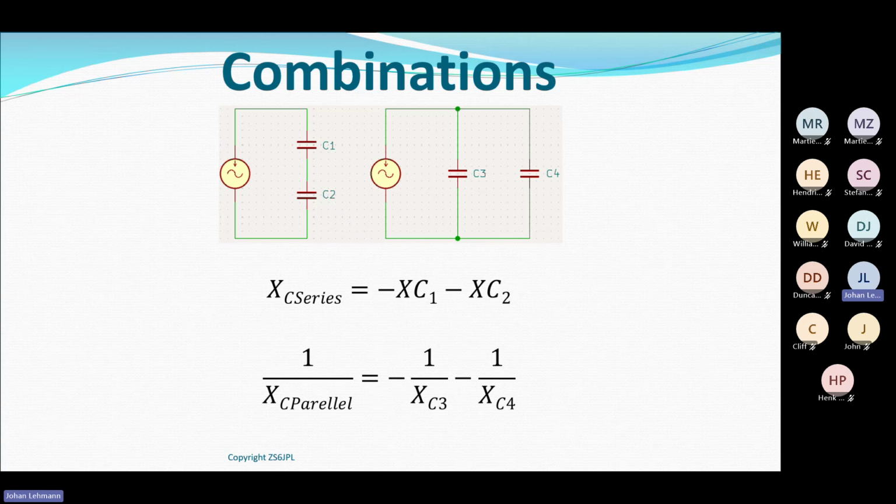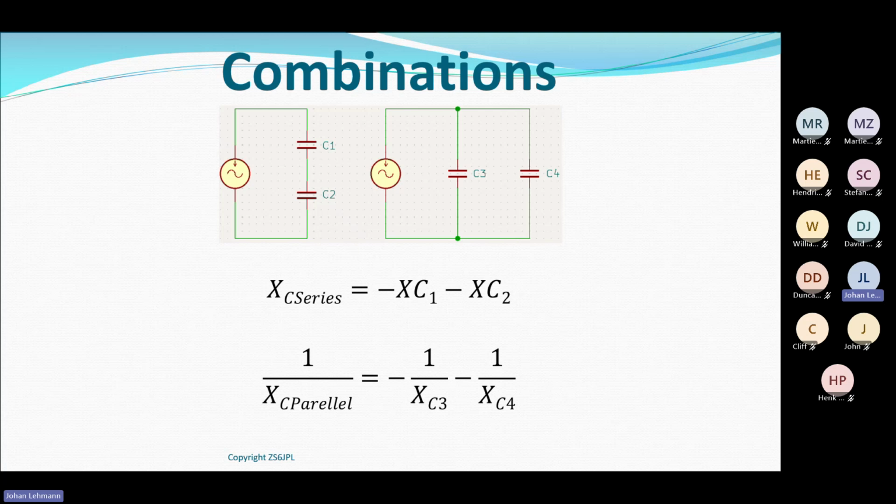Because resistance, reactance, and impedance are all specified in ohms, if we have 2 capacitors in an AC circuit, I have capacitive reactance. To calculate the total capacitive reactance, if I have 2 equal capacitors in series, I add the 2 reactances together.